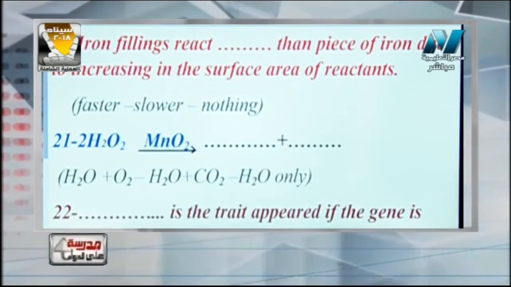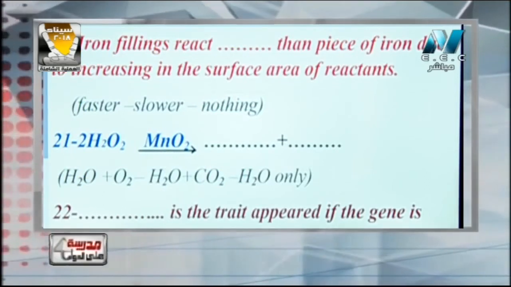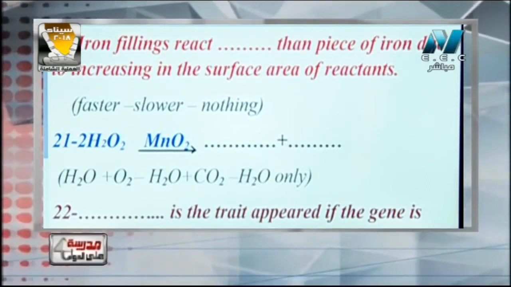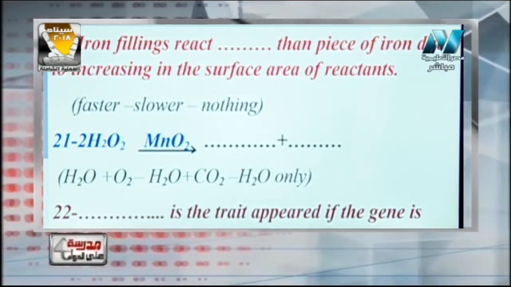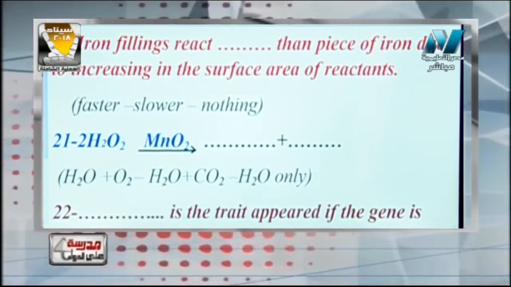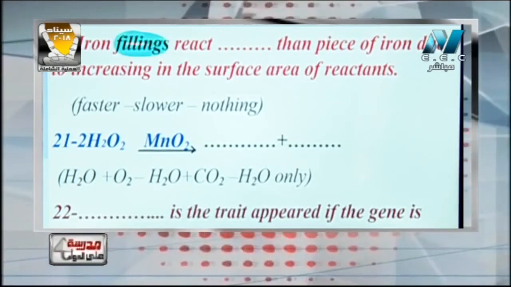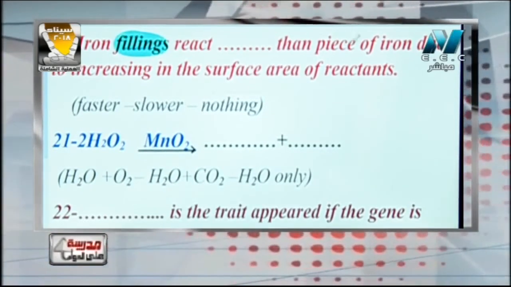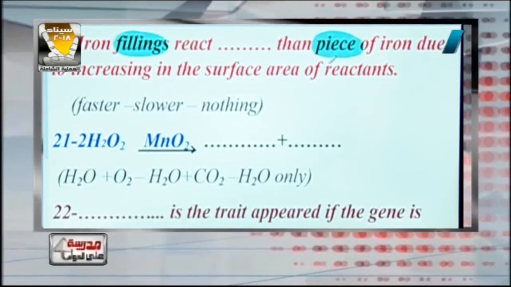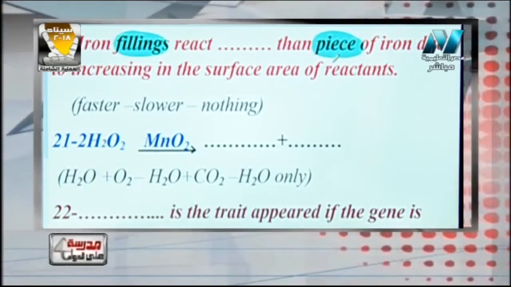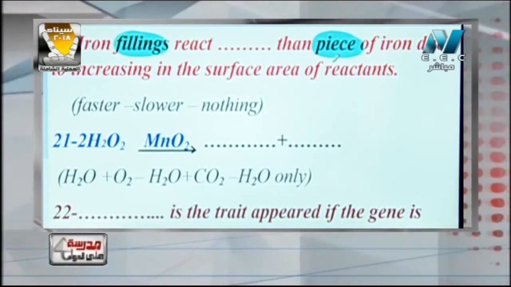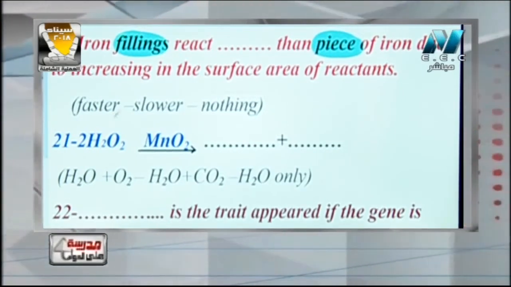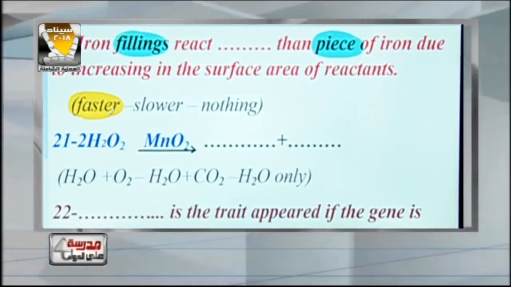Next, question number 20 says iron fillings react what than a piece of iron due to increasing in the surface area of reactants. Here we talk about iron fillings as a powder of iron reacting what than a piece of iron. So anything used in fillings or as a powder can react faster than as a piece.